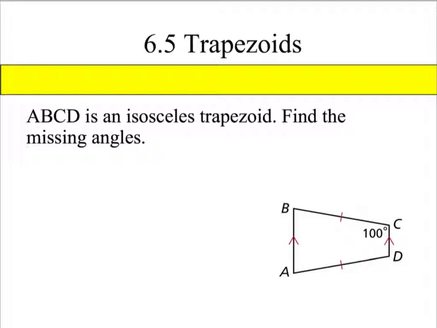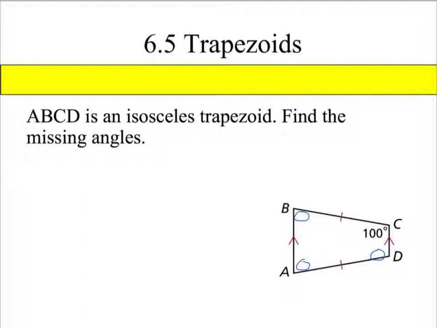All right, so it says ABCD is an isosceles trapezoid. Find the missing angles. You have three angles that I want you to find, so find those three angles and figure it out. Give her a shot. All right, so we know that if a trapezoid is isosceles, then both pairs of base angles are going to be congruent.